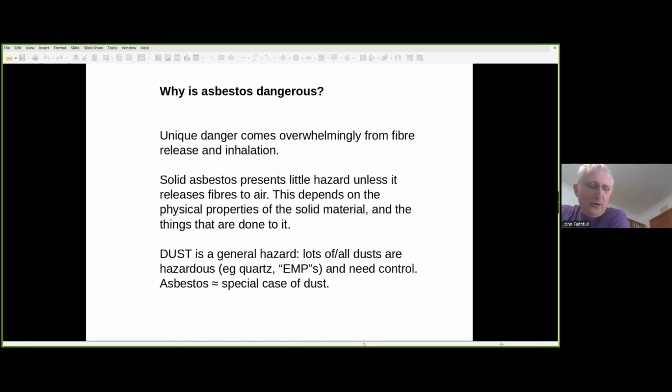Although quite early on, even probably as early as the 1920s, it was realized that curious diseases were occurring among particularly women weaving asbestos in mills in Rochdale. Someone called Nellie Kershaw was, I think, one of the first people to be identified as having got an asbestos disease there. But the amazing usefulness of asbestos meant that there was a real explosion in its deployment in all areas of industry and construction all over the world.